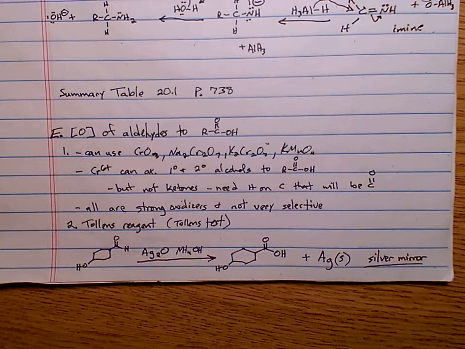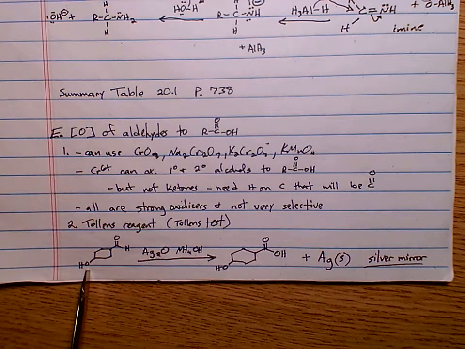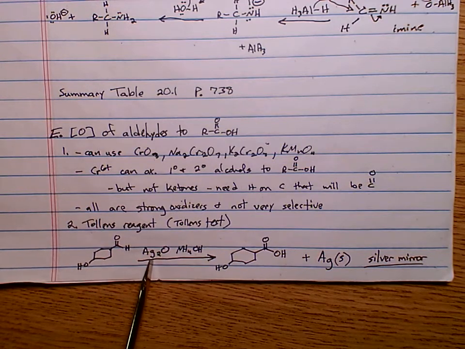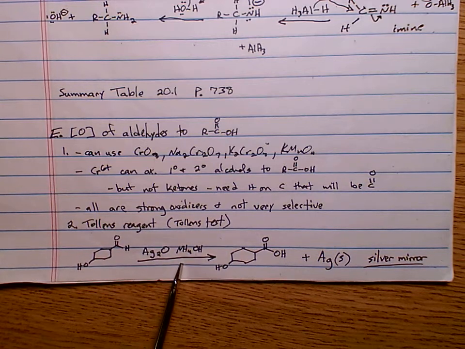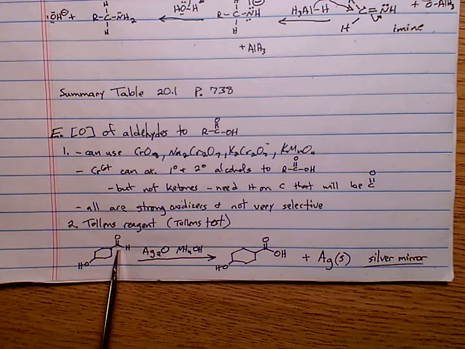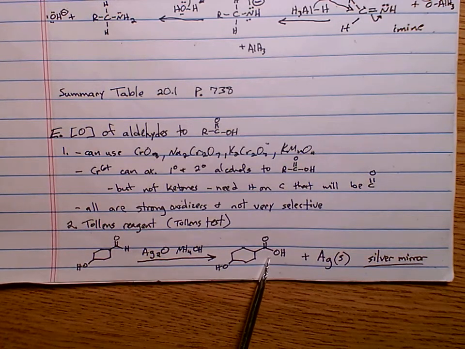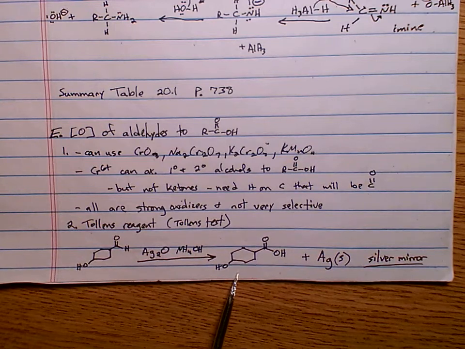What Tollens found is if you take a molecule, and here we've got an aldehyde and an alcohol on there, and you react it with silver 1 oxide, so that's Ag2O, in ammonium hydroxide, you can oxidize the aldehyde to the carboxylic acid, but it leaves the alcohol alone.